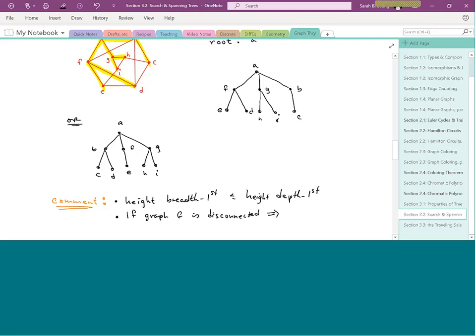Ooh, good call. There's not a single spanning tree, so no spanning tree, but you could have a spanning tree on each component. So I guess the way that you would say this is, I don't think this is actually a term, a spanning forest.